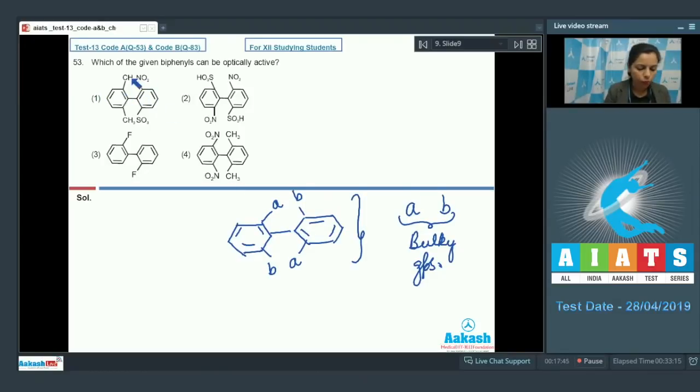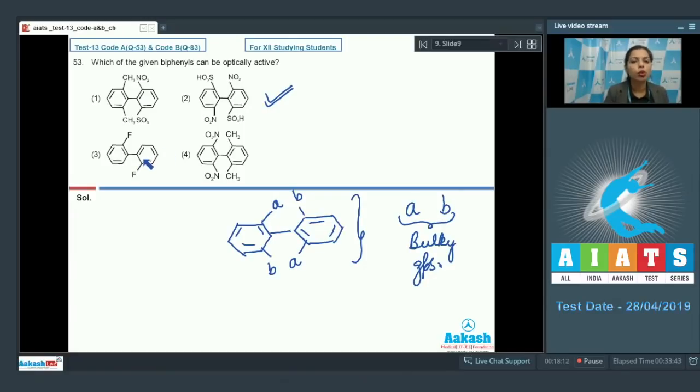If I talk about the first one, we have CH3 and NO2 present here. Here is also CH3 and SO3, and it is not following this type of structure. Further, in option 2 you can clearly see SO3 is here, here also, NO2 is here and here also. It means it is following the given structure. It is asymmetric also. It can show optical activity. In third option, these rings are in the same plane, while in other options rings are in perpendicular plane.